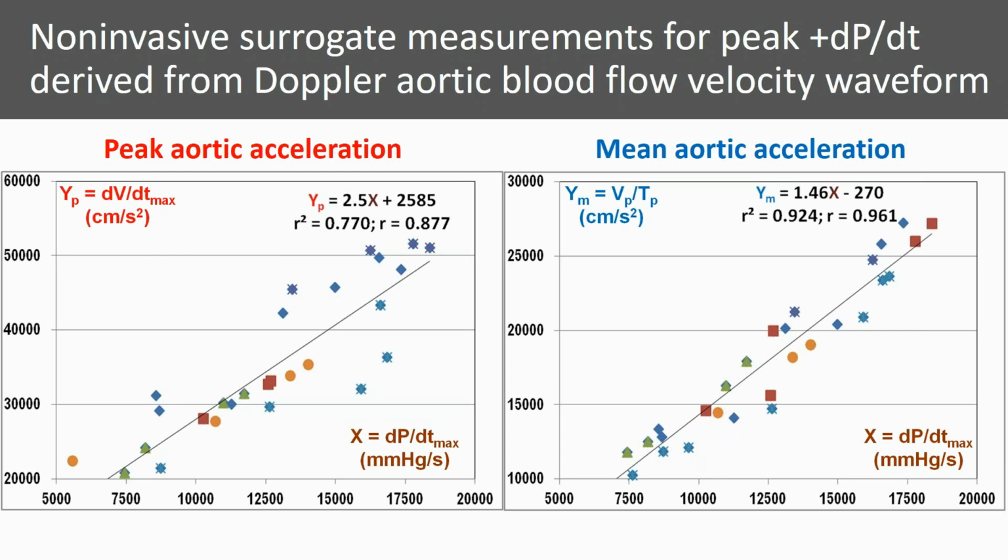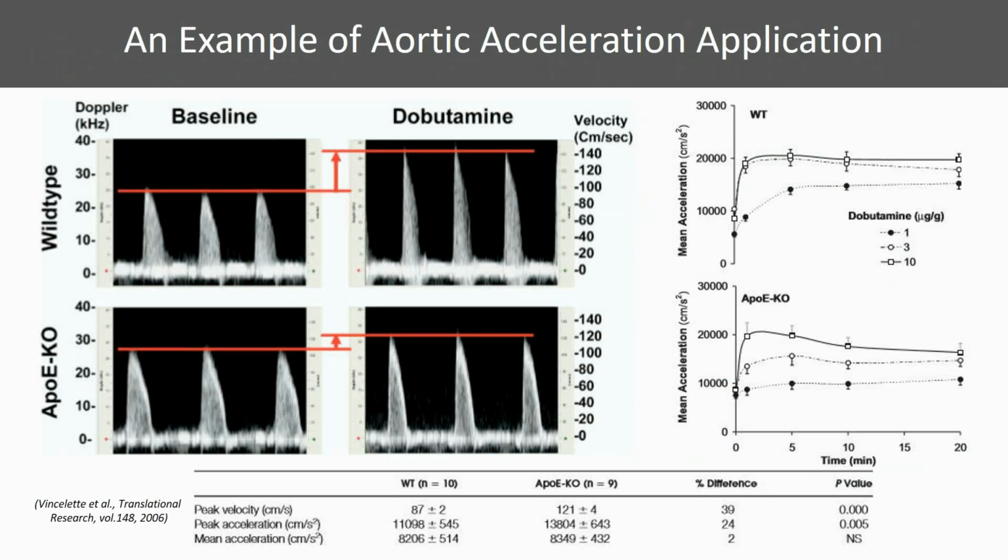And moving on, I want to show you an example that even before we started these validations, the acceleration measurements have been published and used by many investigators, and I'm showing one example here between wild-type mice and ApoE knockout mice.